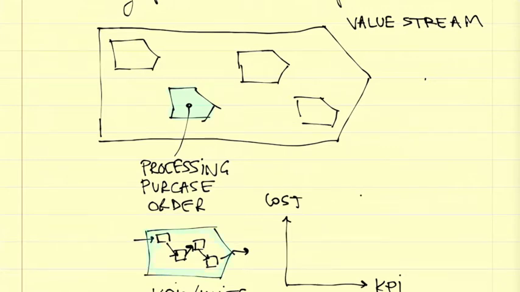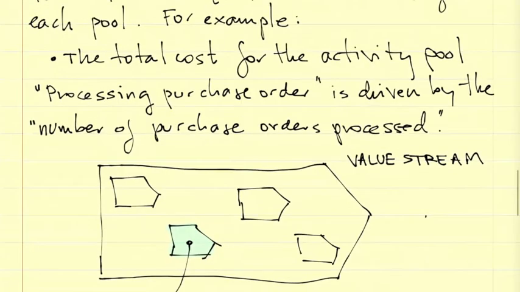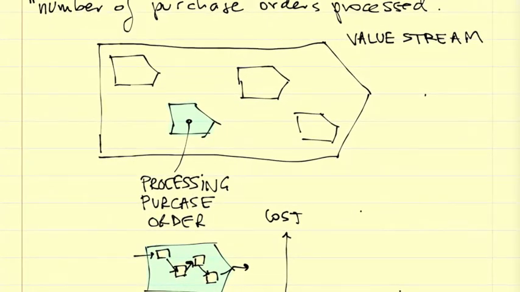Okay. In this case, we say the number of orders processed is going to be the unit, what we call here activity unit, that correlates with the cost associated with processing purchase order.